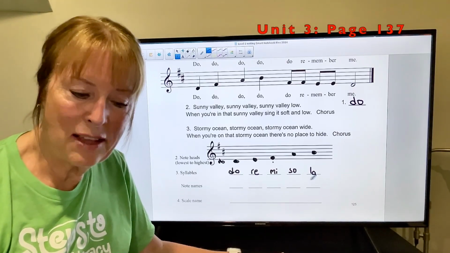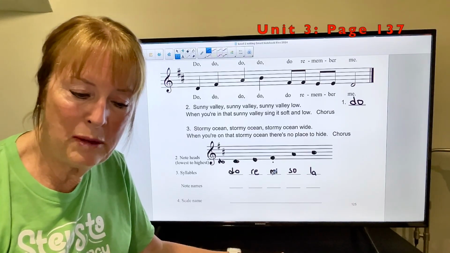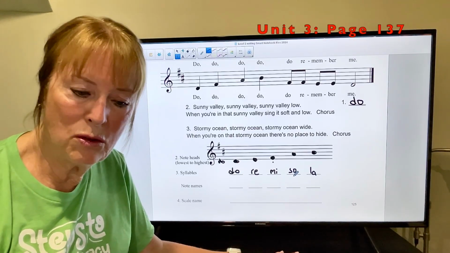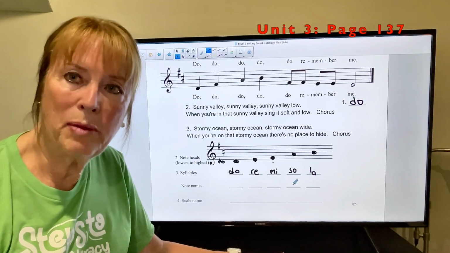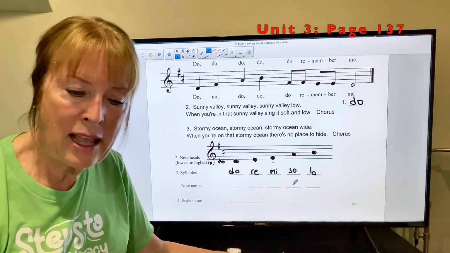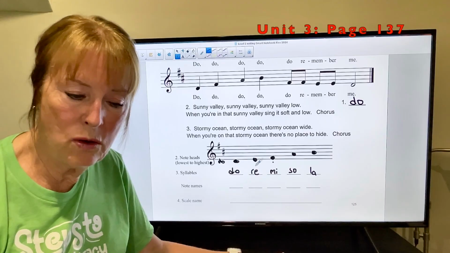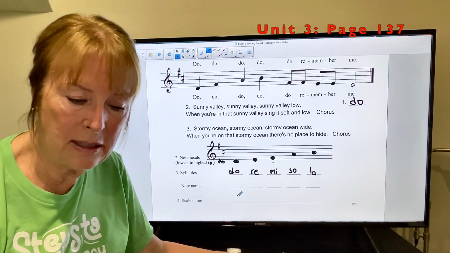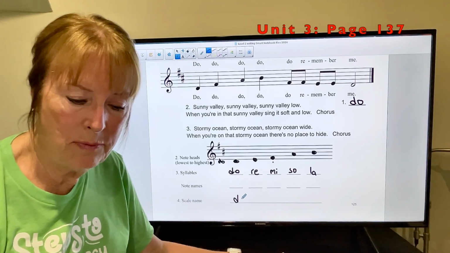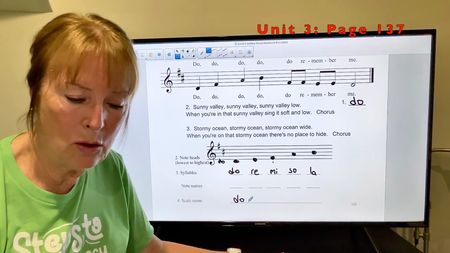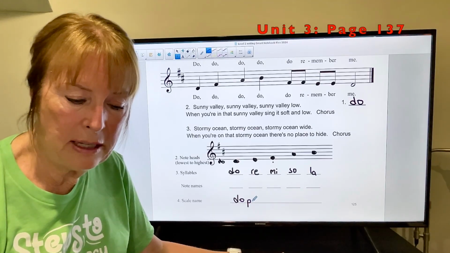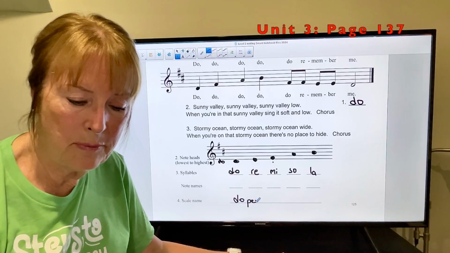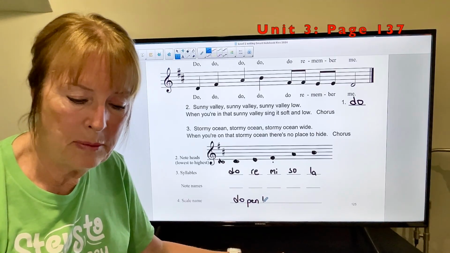Because they're in this order, do, re, mi, and skipping to so and la, this is a pentatonic scale. And it ended on do, so we call this a do pentatonic scale. Do pentatonic, penta meaning 5.